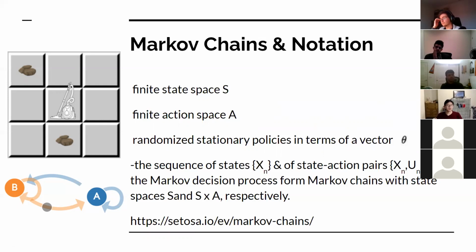the authors are using Markov chains as a primary component to incorporate critic-only methods onto actor-only methods. So Markov chains consist of 3 different elements: the state space, which I already mentioned before; the transition operator, so the probability of moving from one state to another, like one square to another square; and then the initial conditional distribution, which is the probability of the vacuum starting from anywhere, so from any square.